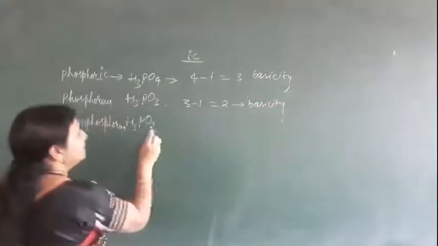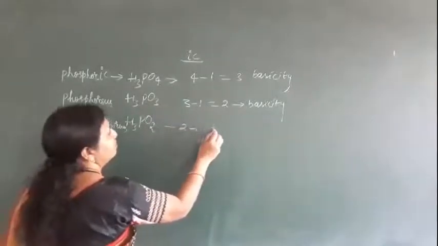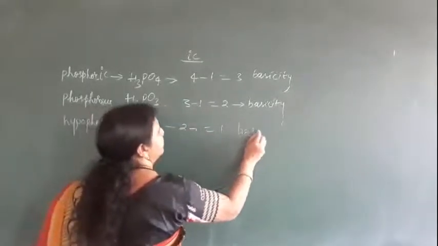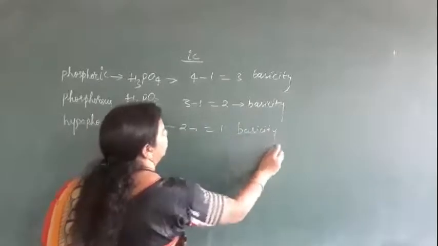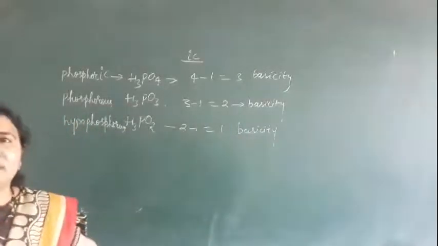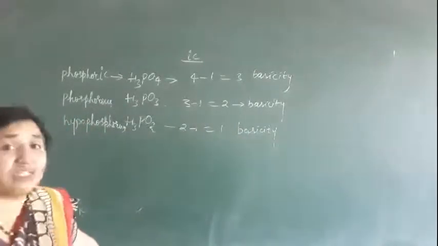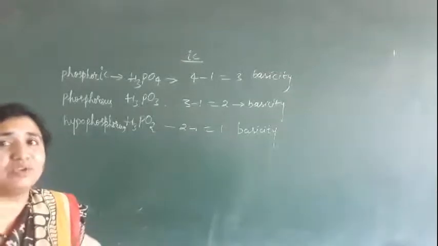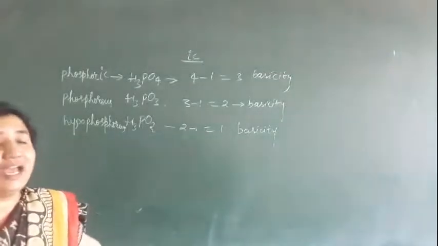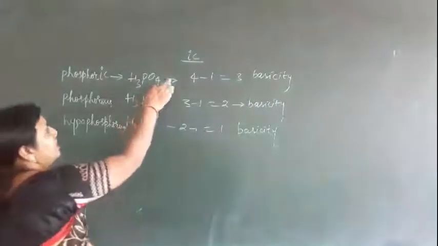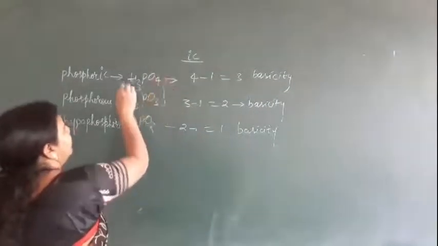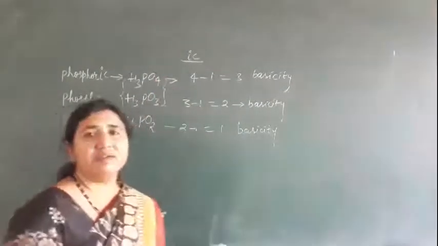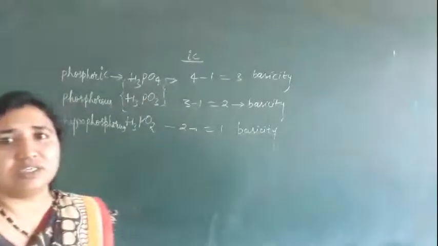Here 2 oxygens, minus 1, so 1 will be its basicity. So this trick is only for these 3 acids: phosphoric acid, phosphorus acid and hypophosphorus acid. These 3 are very important. Okay, clear? Now we will see how they can ask questions.